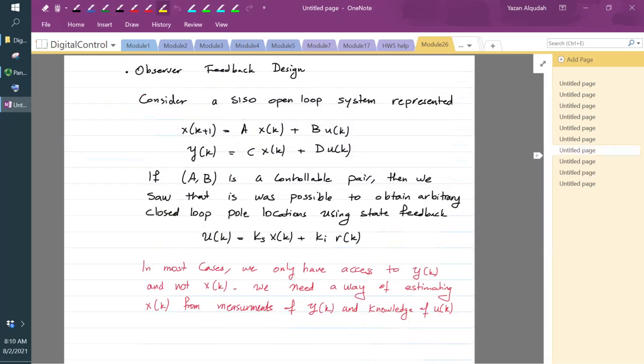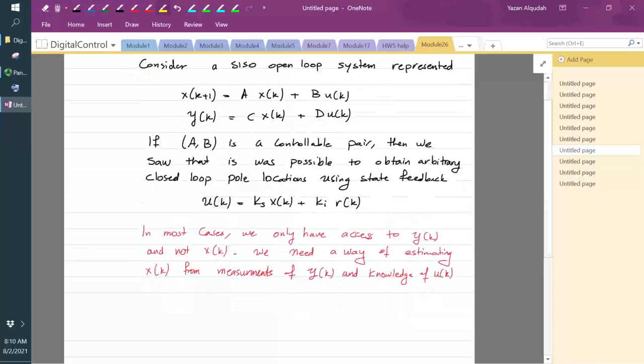Now what happens if I do not have access to all these states? In that case, what we can do is develop an observer. So in this section, we're going to look at the observer feedback design. Again, if you consider a single input, single output system, this is the open loop state representation.